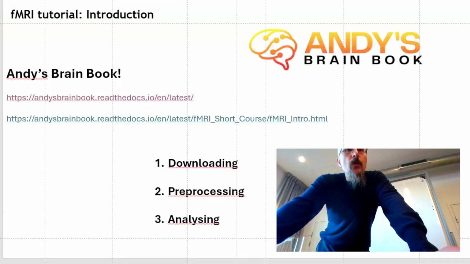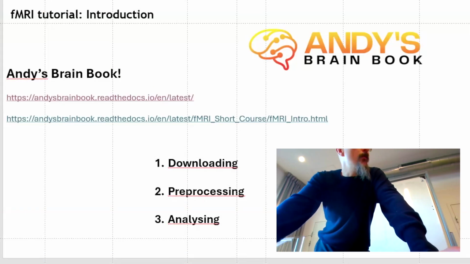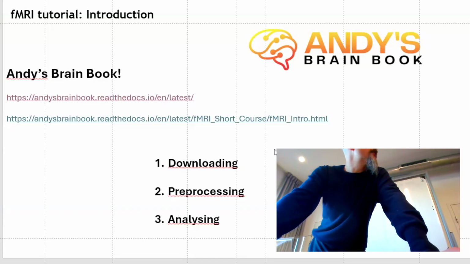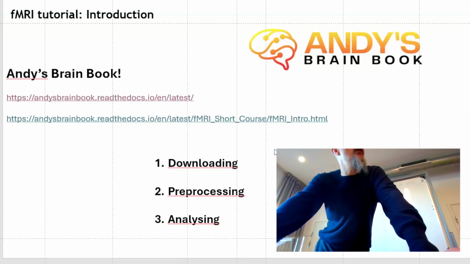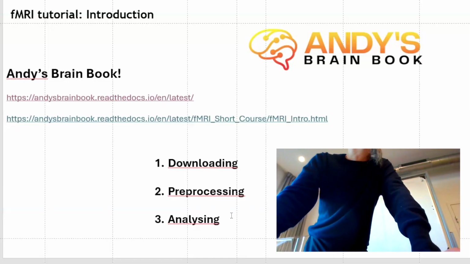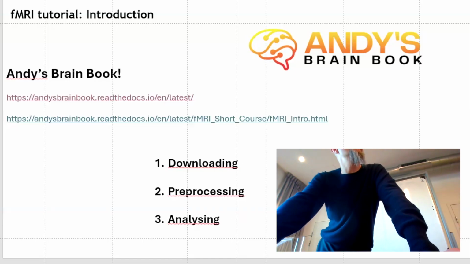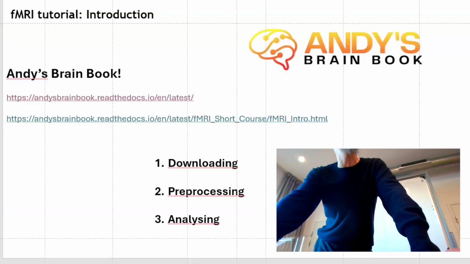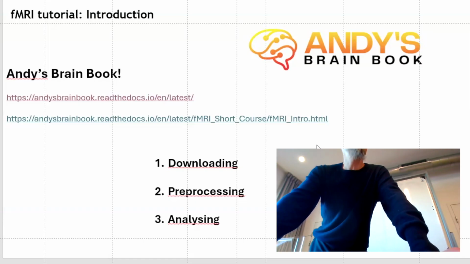So what we will do, we will download data first. After we will pre-process some of the functional data we got, and we will do some statistical analysis. So we will do first level analysis. We will not do second level because it will take time to download all the data, and it can take much more time.